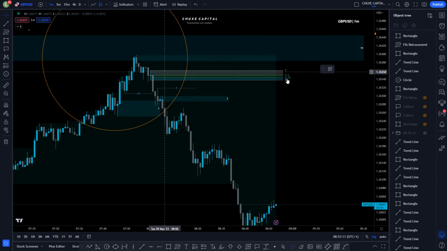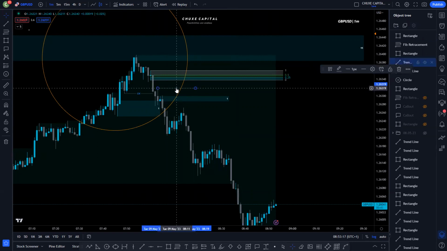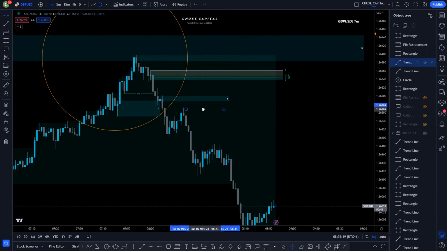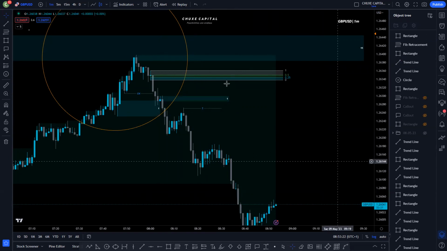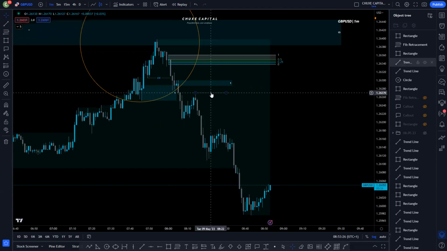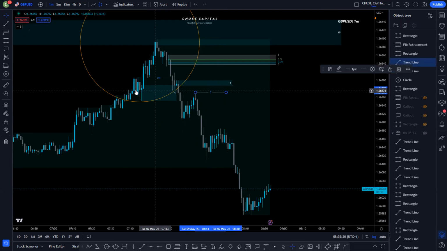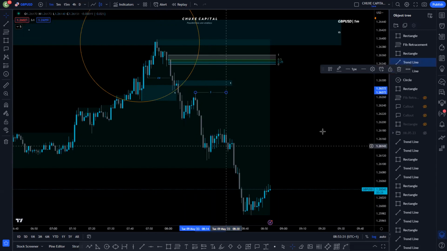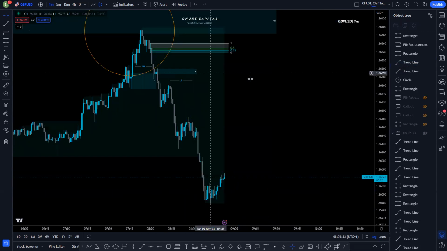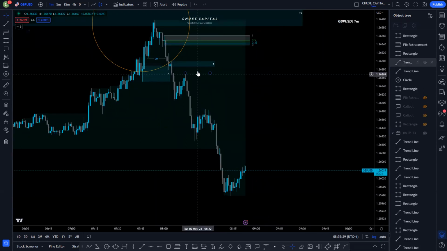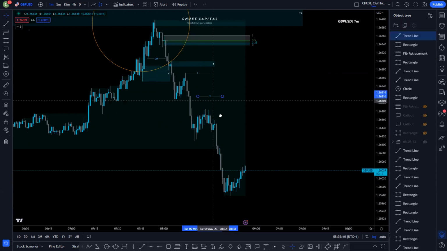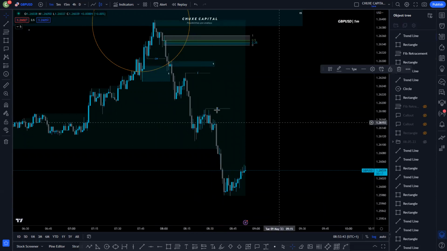So initially this way I would have taken, but then when that didn't go, we had another inducement here. And then this is a flip. So this could have also been a good place to enter, or it just kept going. Okay, and then we keep going. Now, price could still come back into these places to take, but then I'll just keep observing to see what happens.